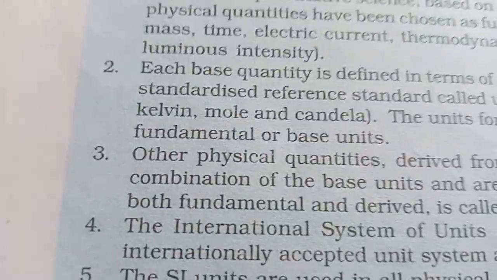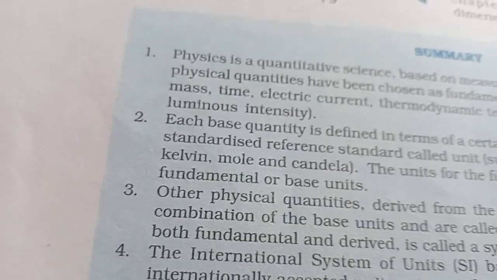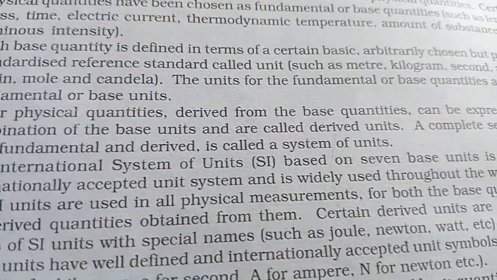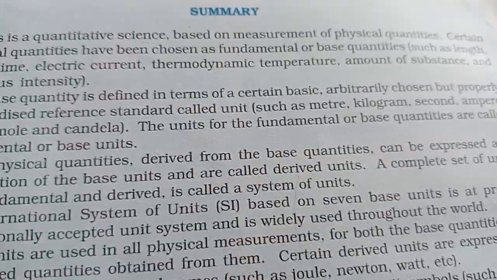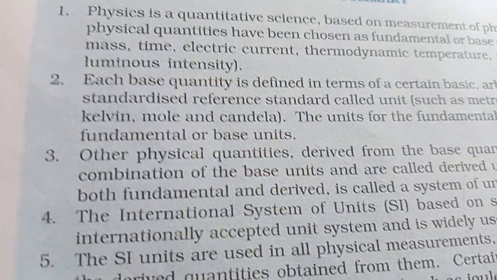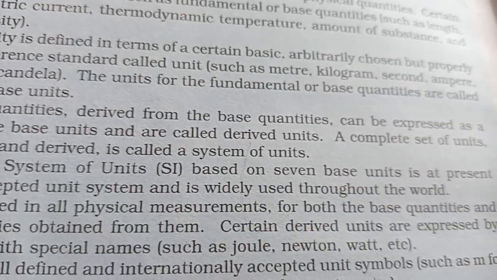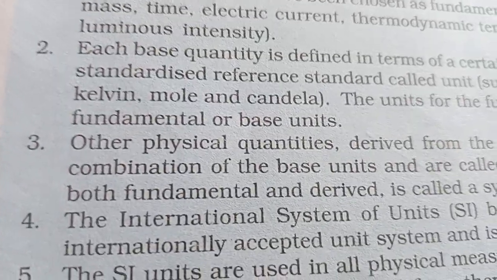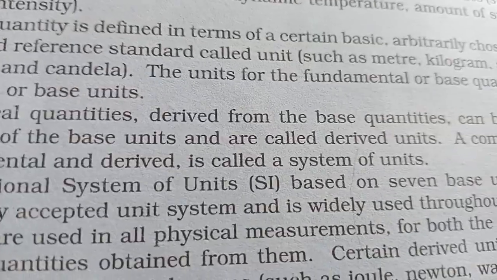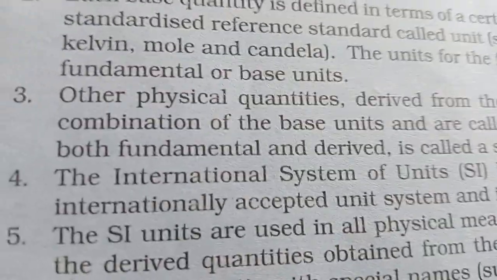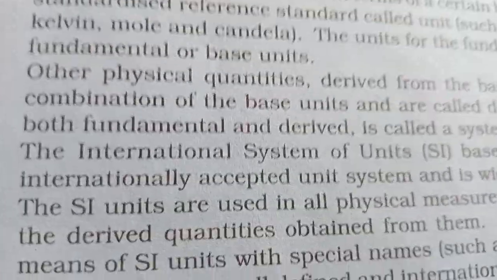Each base quantity is defined in terms of certain basic, arbitrarily chosen but properly standardized reference standard called unit, such as meter, kilogram, second, ampere, Kelvin, mole and candela. The units for the fundamental or base quantities are called fundamental or base units.